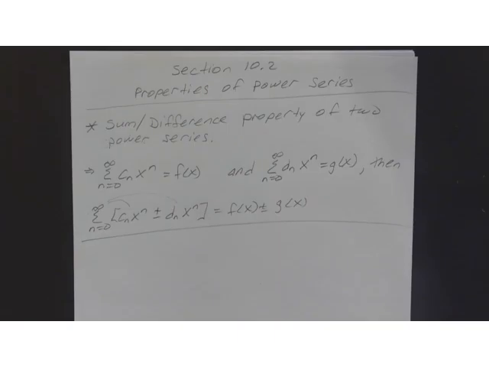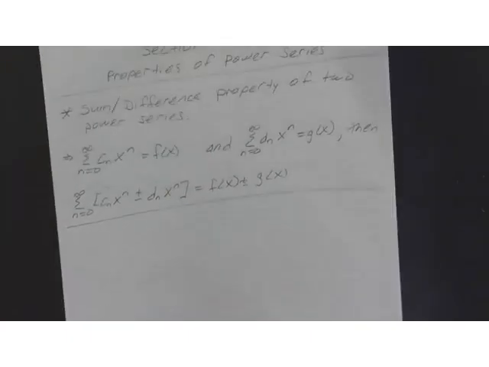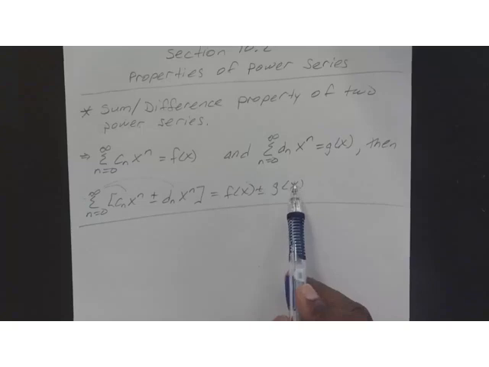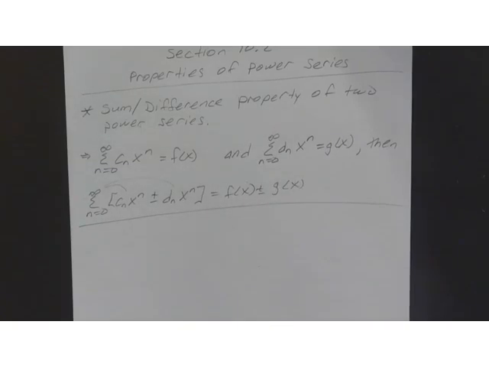So if f of x is convergent from 3 to 5, and g of x is convergent from 4 to 6, then the intersection that would be true for both would be the interval of convergence for the sum. So it would be 4 to 5. Okay, so you take this interval and this interval, see where they're the same, and that's your interval of convergence.